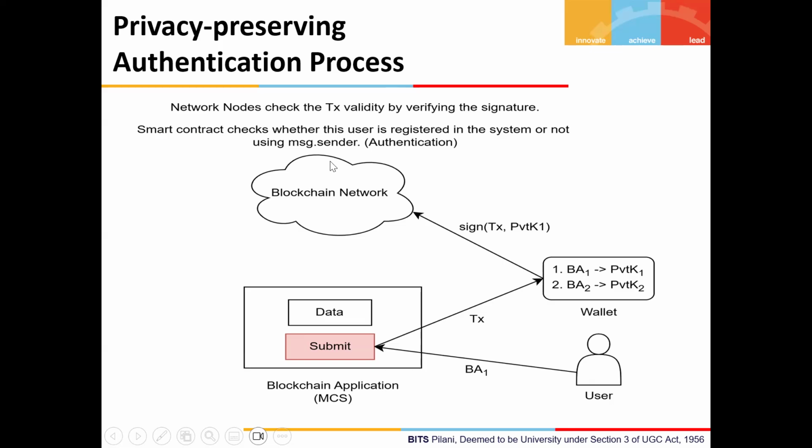Now, in this blockchain network, any node can verify the authenticity of that person, right? Because of this public and private key pair. So they use the public key and they can verify it.